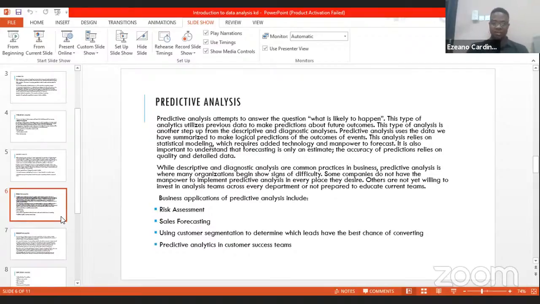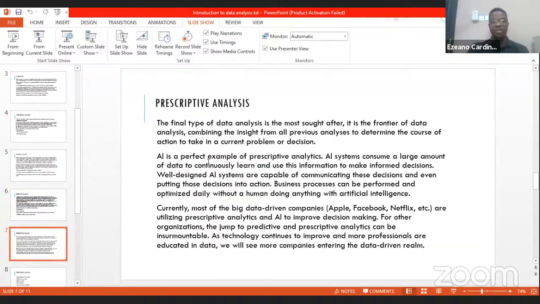The next is prescriptive analysis. Now we've found the problem. We've understood the outcome. In this analysis, this is the time to administer a solution if there is a problem.